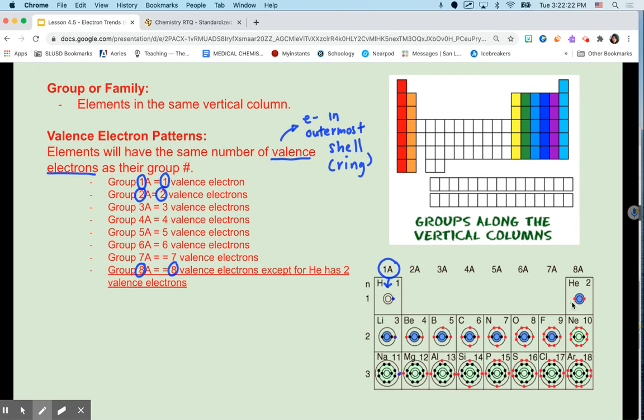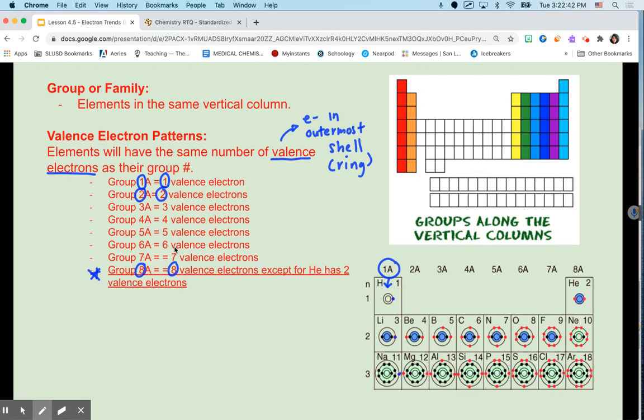And in the first ring, we can only fit 2 valence electrons. So definitely make sure you write down this particular exception in group 8A. Everything written in red, I would write this down. Feel free to shorten this part though.